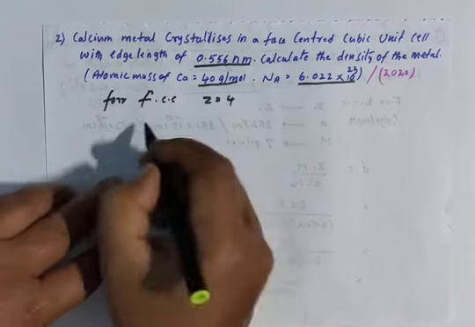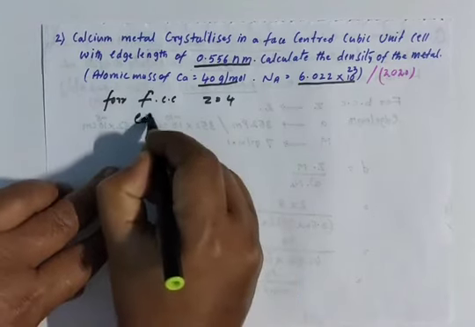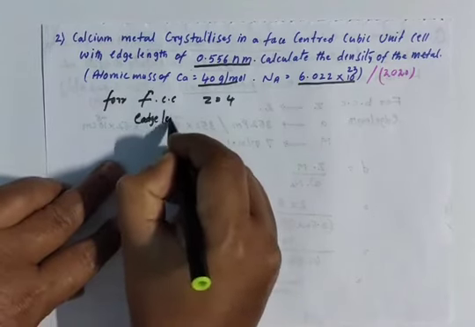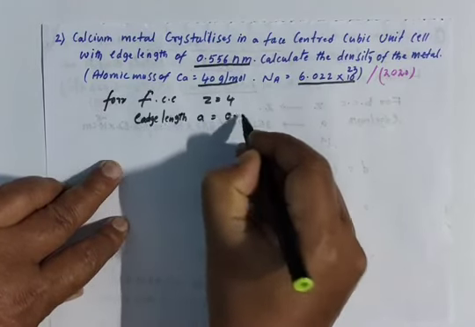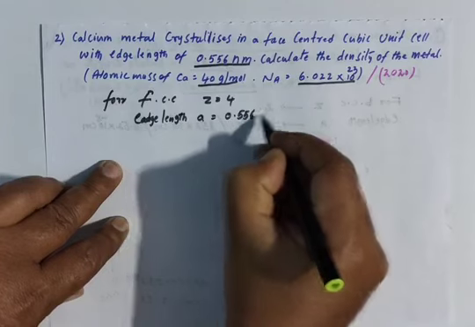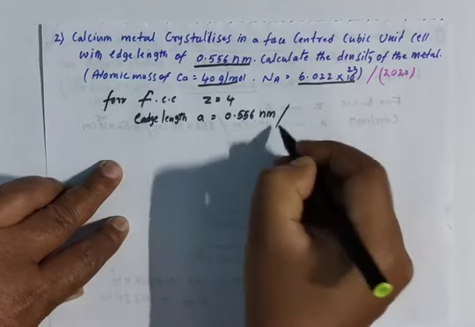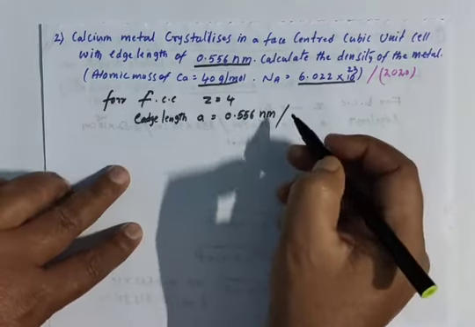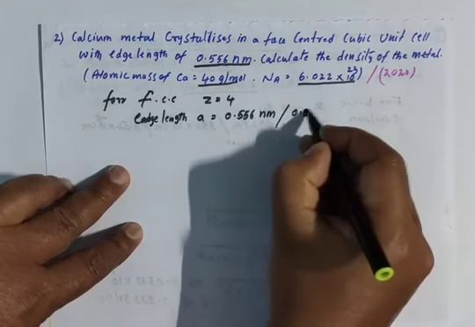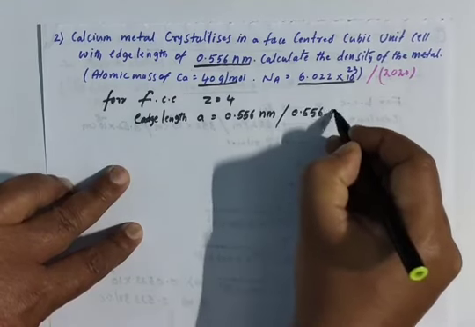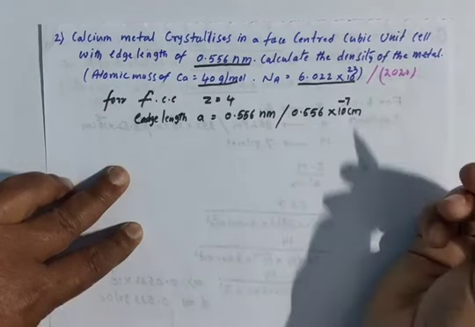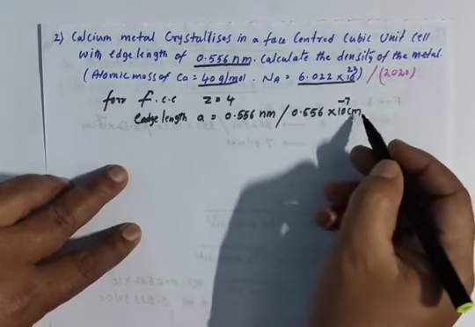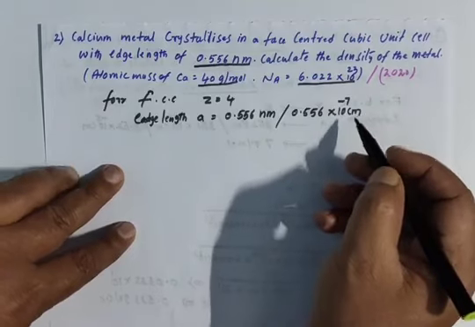And the edge length a equals 0.556 nanometer. Immediately you convert into centimeter. That is 0.556 into 10 raised to minus 7 centimeters, or minus 9 meters also you can write.